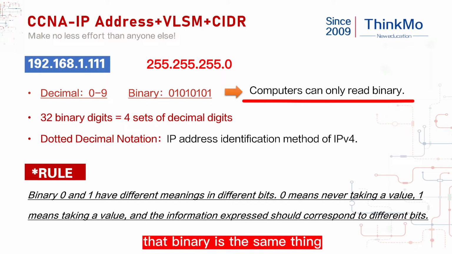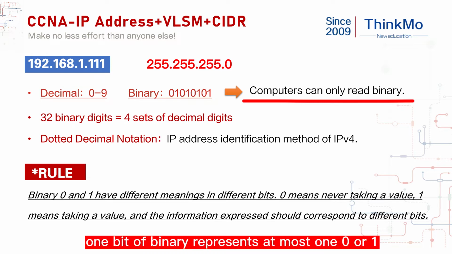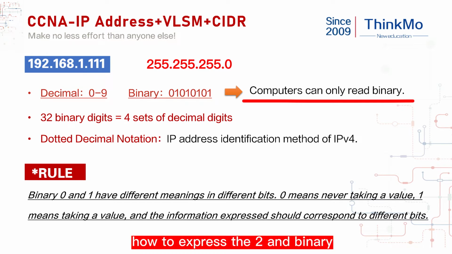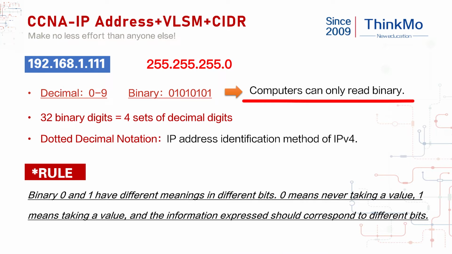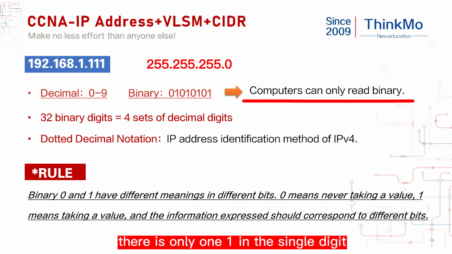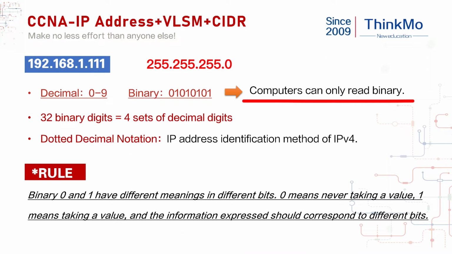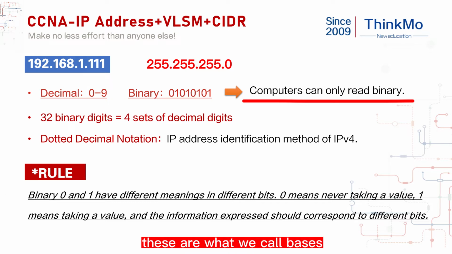Binary is the same thing. 1 bit of binary represents at most 0 or 1. How do we express 2 in binary? There is only a 1 in the ones digit. If you want to express 2, you can only move forward by 1, turn this bit into 0, and the one ahead becomes 1. It's called carry. These are what we call bases.